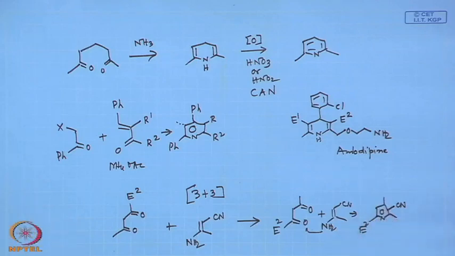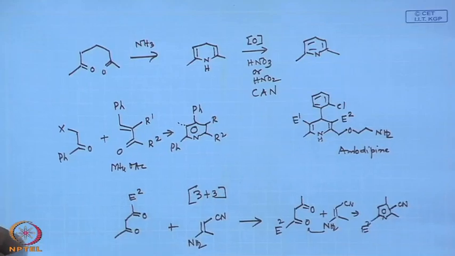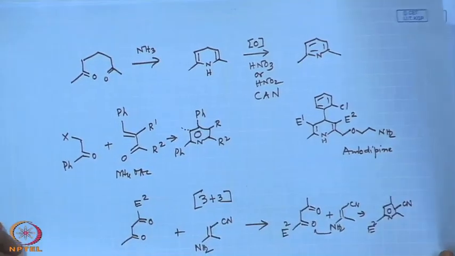So, you will be getting this. Okay. Now, I will just give another example. This is a very interesting way of making the pyridine. That means, in addition to the Hantzsch synthesis, the 3+3 mode also is very useful. I will give you one more example, or rather 2 more examples.